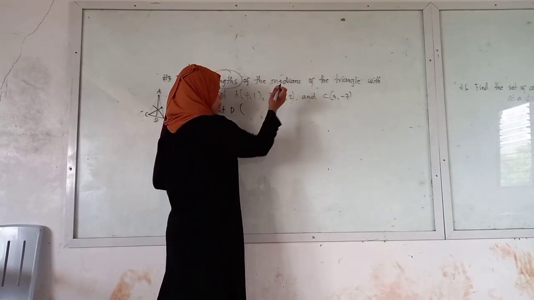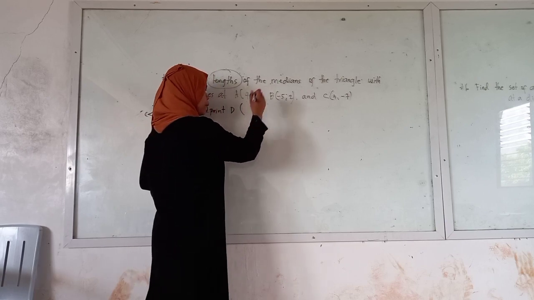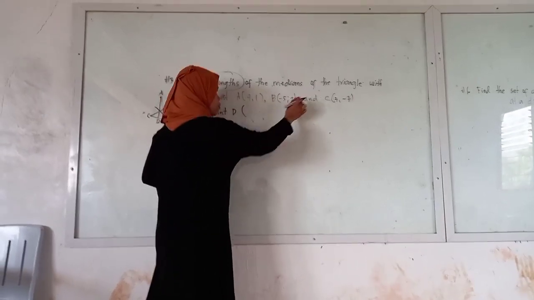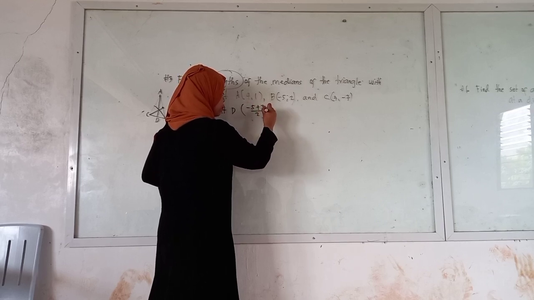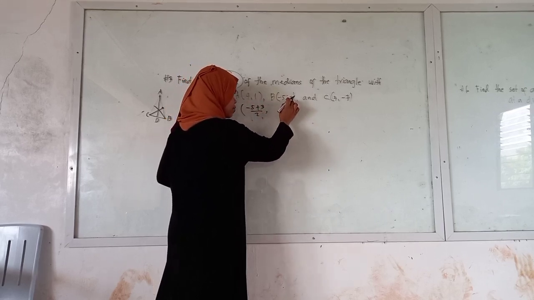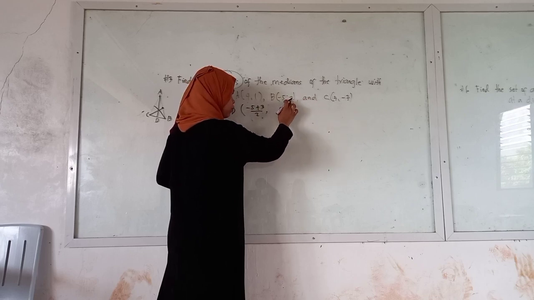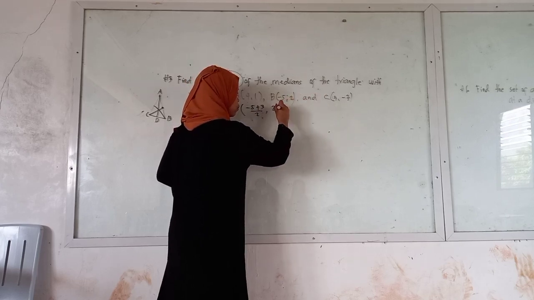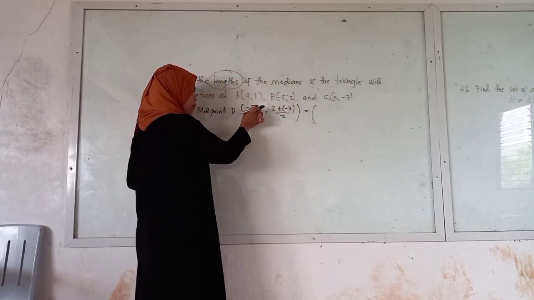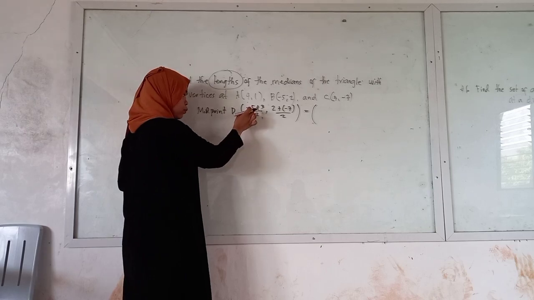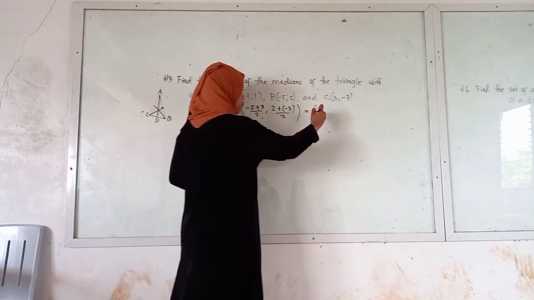So I have the formula x sub 1 plus x sub 2 over 2, no? So I have negative 5 plus 3 over 2. And then for the y coordinates, I have y sub 1 plus y sub 2 over 2. So that is 2 plus negative 7 over 2. So that is equal to negative 5 plus 3, that is negative 2 divided by 2, that is negative 1.